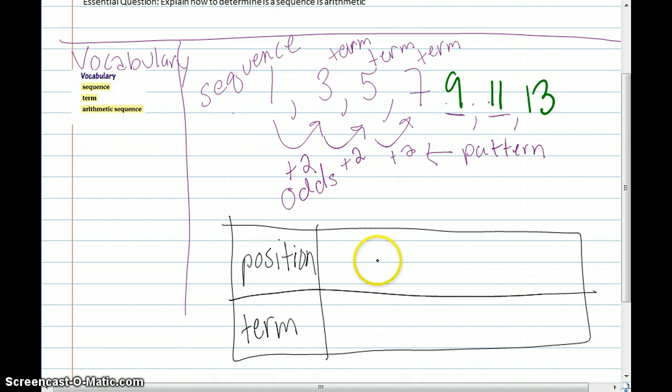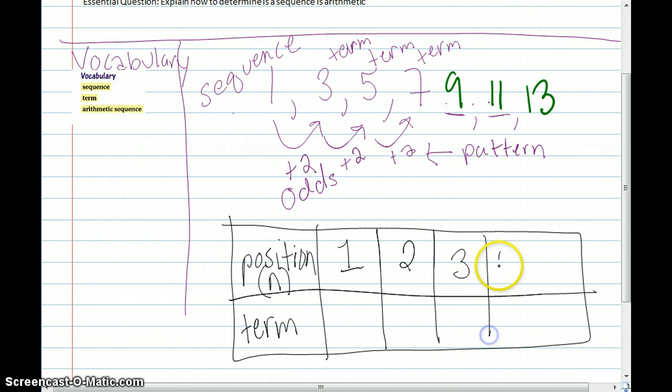The position is when you're first in line, second in line, third in line, and that's usually noted by the variable n. So the first number, then the second number, then the third number, and the fourth number, and then they might put n in the last spot, meaning it could be the 8th number, the 12th number, the millionth number. Which one is it?